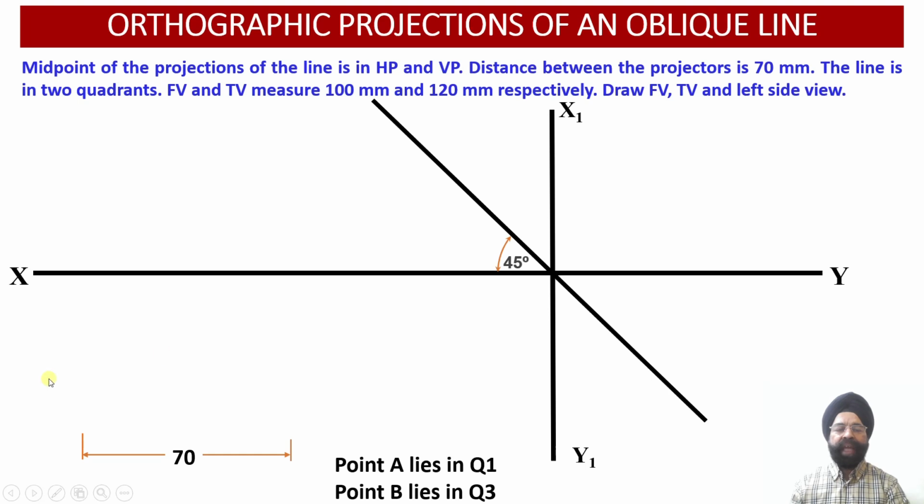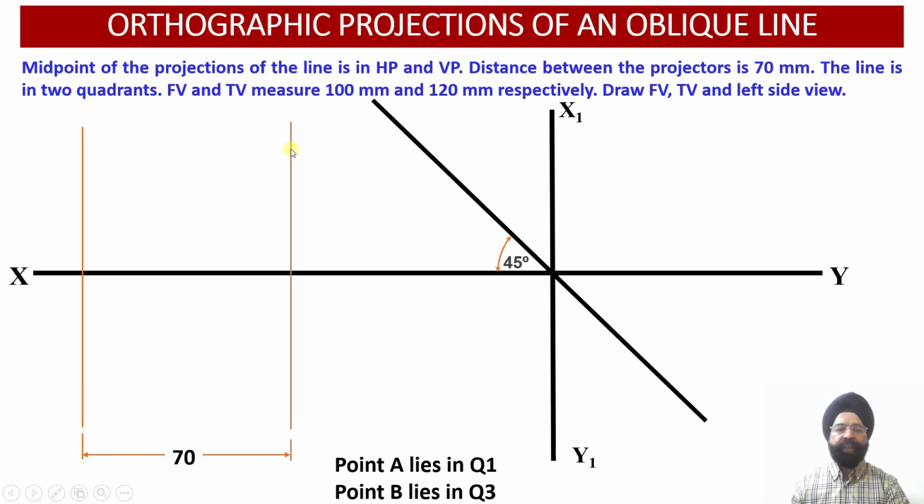Now we know that the two end projectors of the line AB are separated by a distance of 70 millimeter. Here we have plotted this distance between the end projectors of the line AB as 70 millimeter. So what do we mean by this? That is, on the first end projector, we are going to obtain the projections corresponding to the end A of the line.